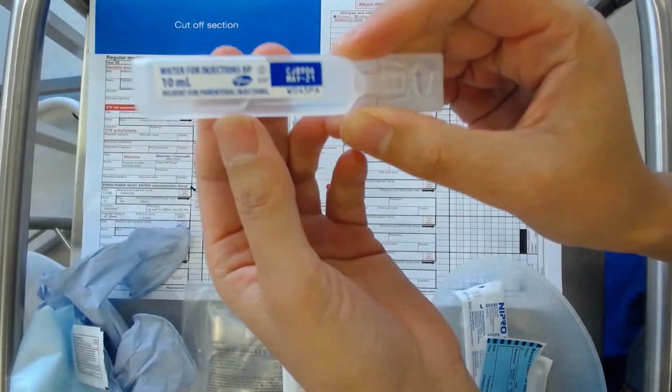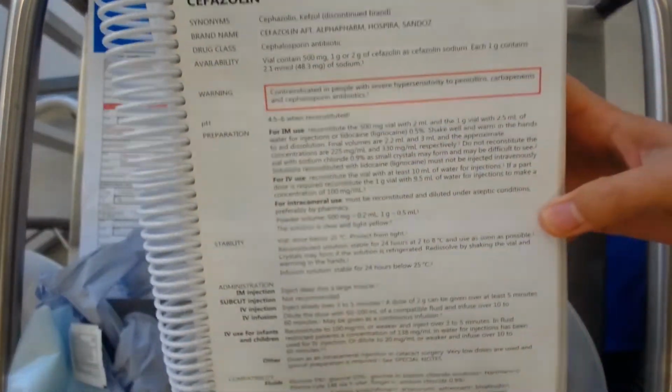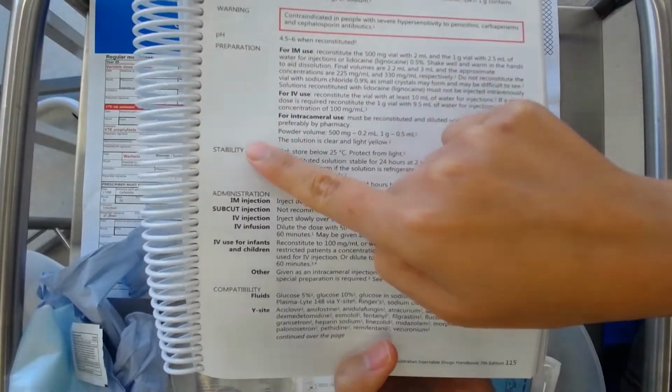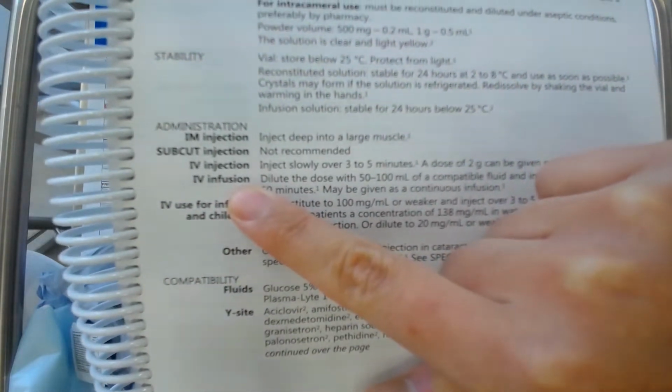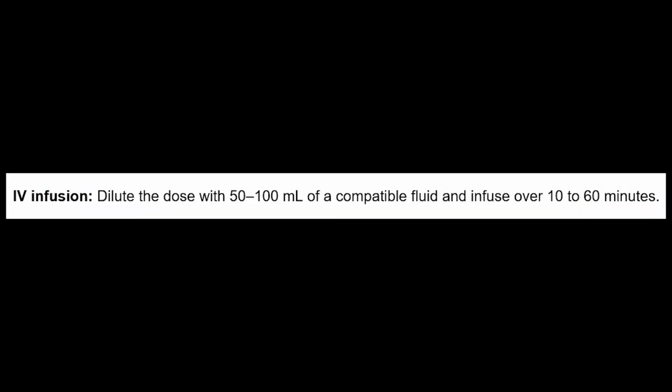We go back to the Australian Injectable Drugs Handbook, Kefazoline, down to IV infusion. Dilute the dose with 50 to 100 milliliters of a compatible fluid and infuse over 10 to 60 minutes. That means you can choose any volume between 50 to 100 and any time between 10 to 60 minutes of duration.